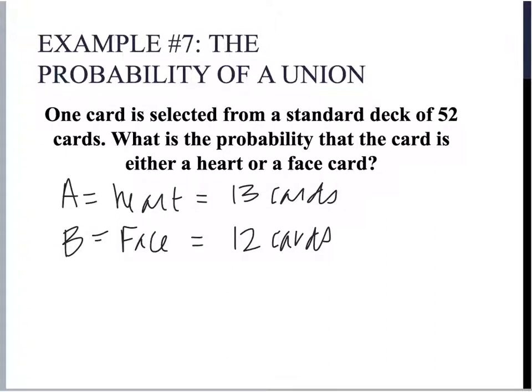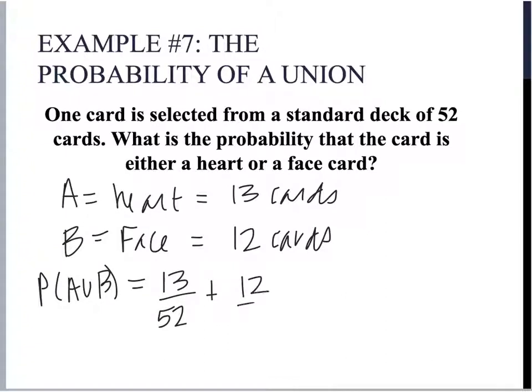So to do this problem, it would be the probability of A union B equal to 13 over 52 plus 12 over 52. But then we have to subtract out the cards that are hearts but are also face cards. So of the hearts that are also face cards, it would be a king of hearts, a queen of hearts, and a jack of hearts. So that means I have to subtract out 3 of those 52 total cards.